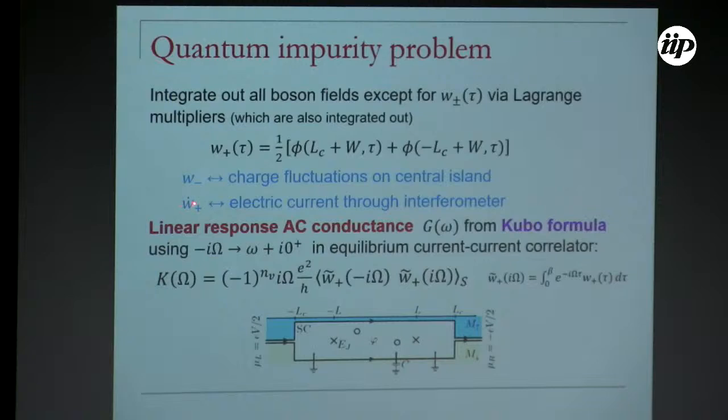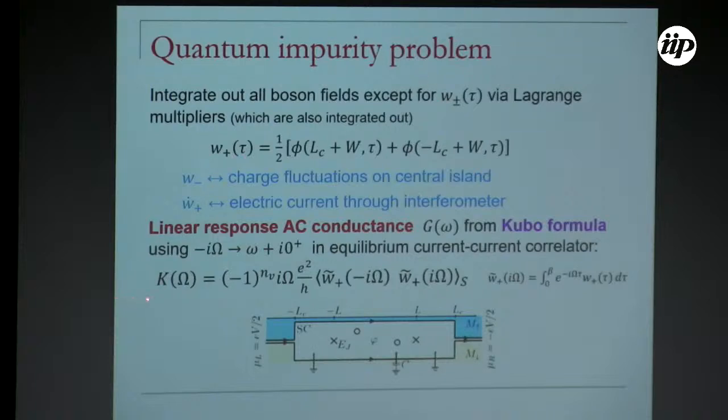And the time derivative of this linear combination is related to the electric current through the interferometer. Yeah? And now you can integrate out all the boson fields, keeping these 2 linear combinations via Lagrange multipliers, and then also integrate out the Lagrange multipliers, because all these modes are Gaussian. They are quadratic. You can integrate them out, and thereby you have a quantum impurity problem, an effective action, just for these 2 fields.